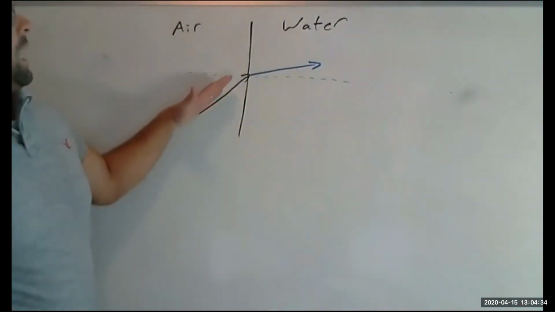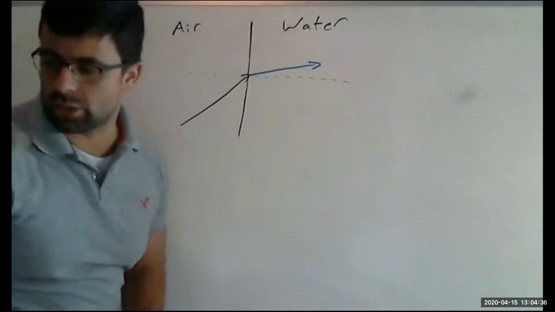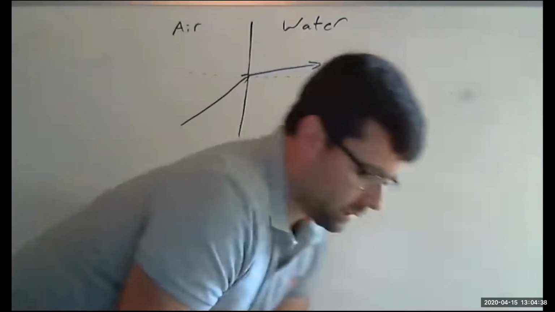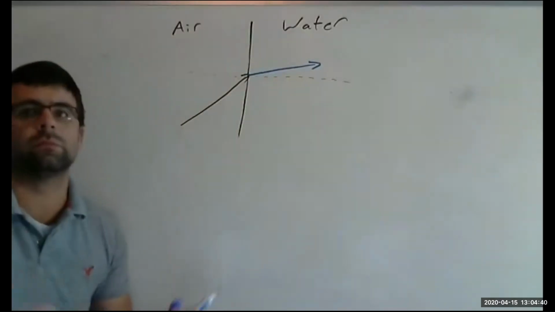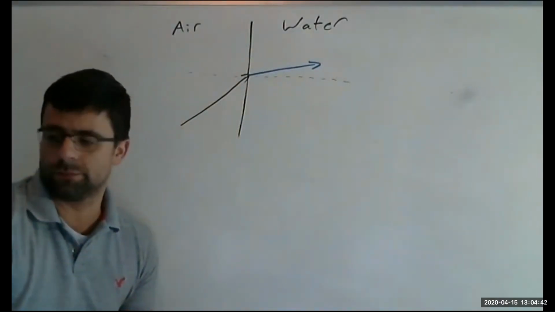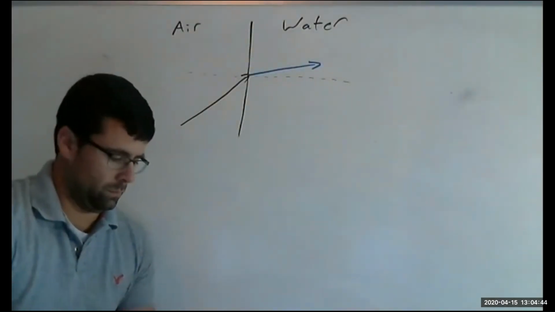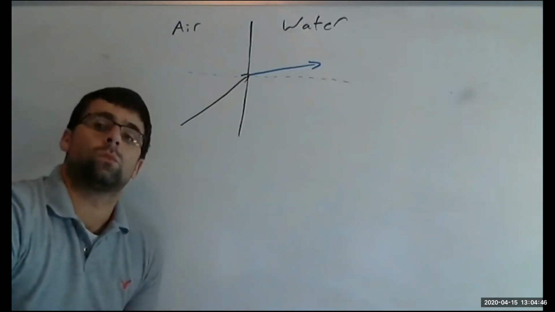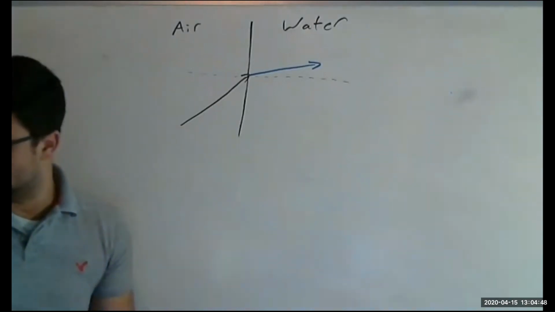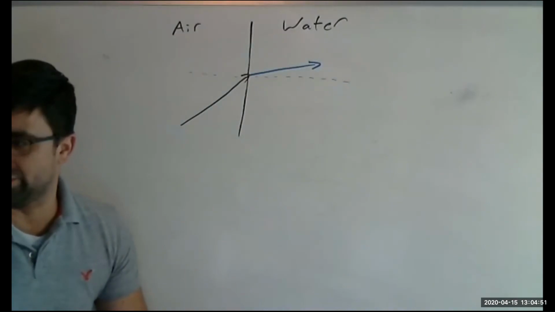So why does it not go straight through? What did we talk about last time that actually makes it do this? It's a quality of waves.